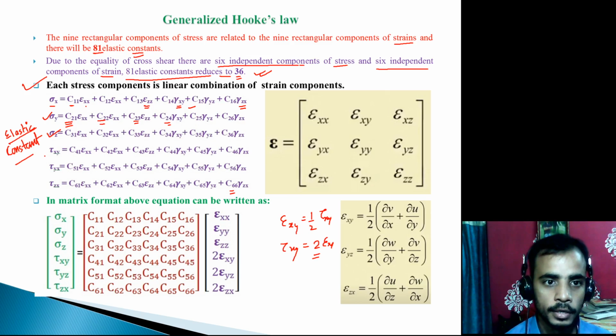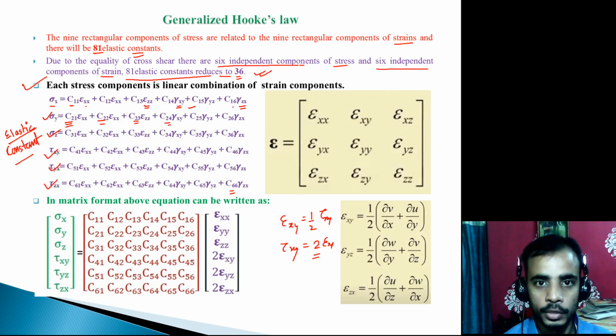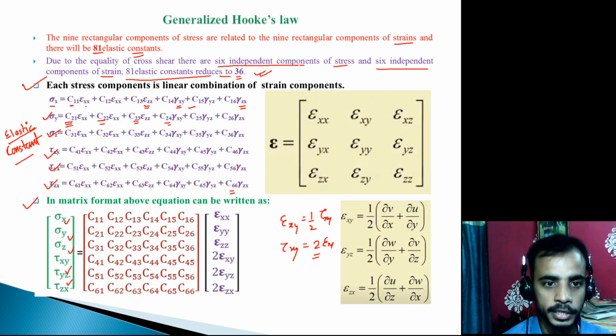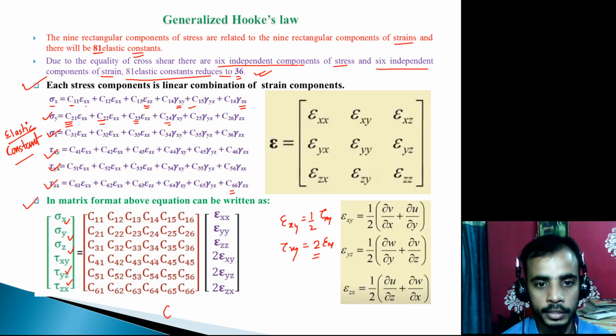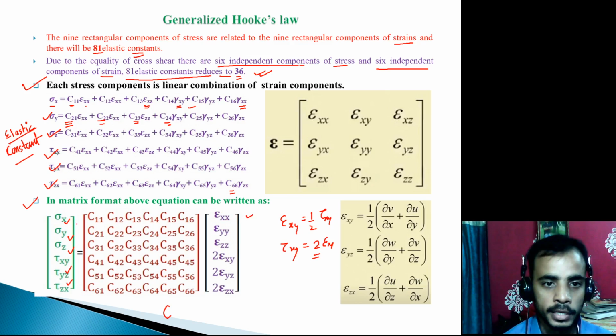Similarly for sigma z, tau xy, tau yz, tau zx, and these equations can also be written in matrix form: sigma x, sigma y, sigma z, tau xy, tau yz, tau zx, and this is the elastic constant matrix, the C matrix. All the components are given, and this is the strain matrix. So this is how the stress is related to strain, your generalized Hooke's law.